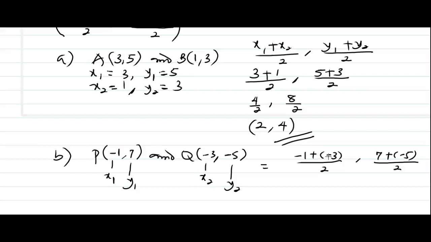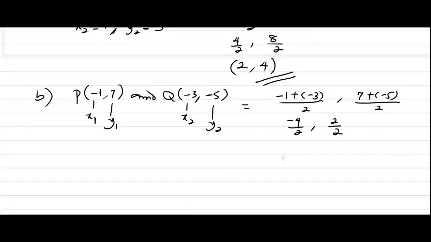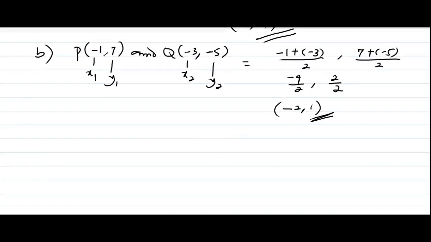So minus 1 plus minus 3, that's minus 4 divided by 2, comma, 7 plus minus 5, that's 7 minus 5. That is 2 divided by 2. Minus 4 divided by 2, that is minus 2. 2 divided by 2, that is 1. So minus 2, comma 1 is the midpoint of the line joining P and Q.